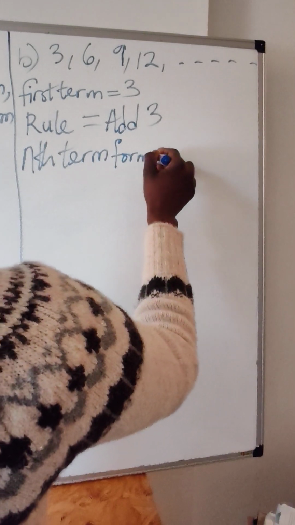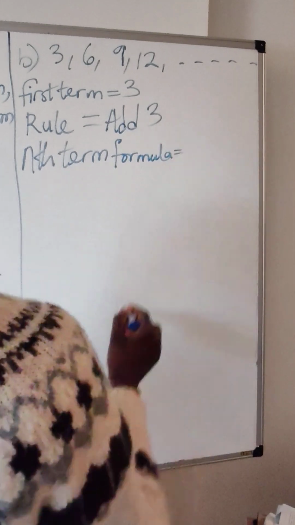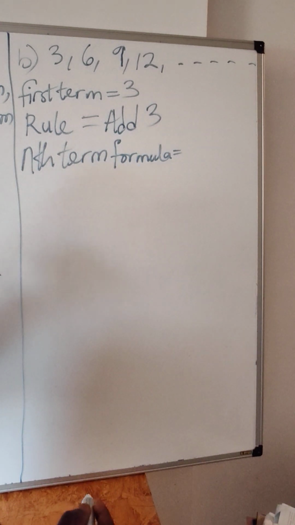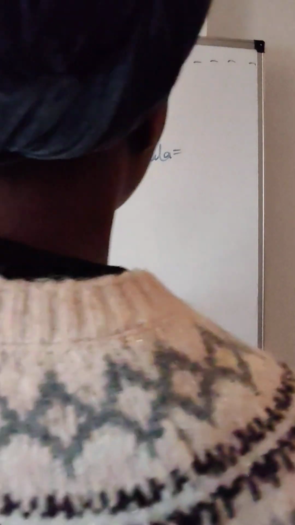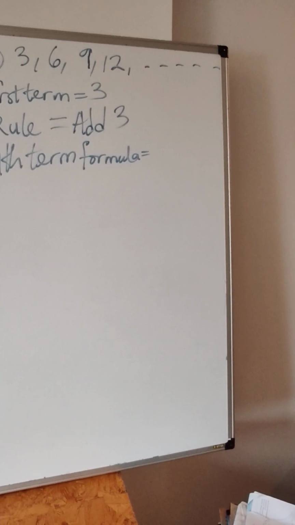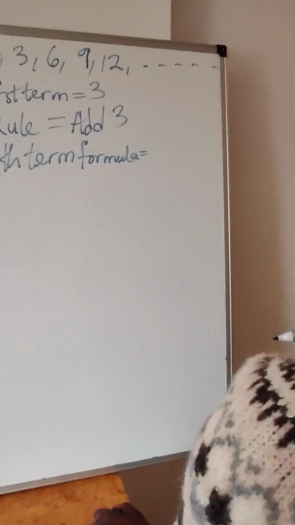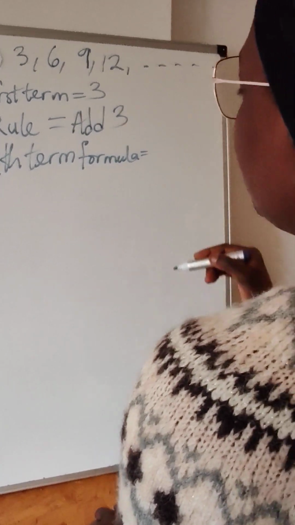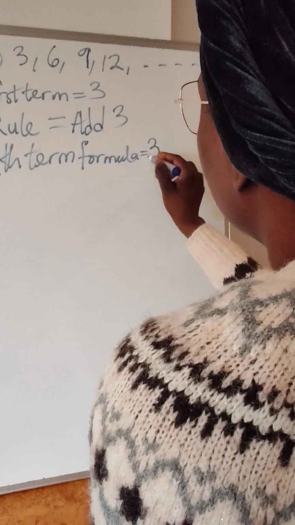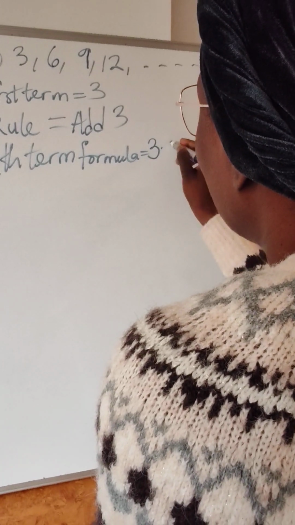The nth term formula for this sequence, let's check the rule. The rule is add 3 and the first term is 3. So we just write the rule, which is 3 multiplied by small letter n.